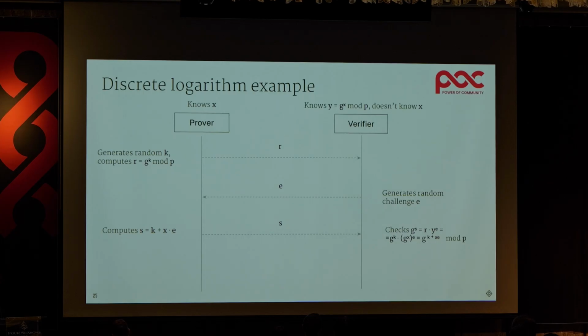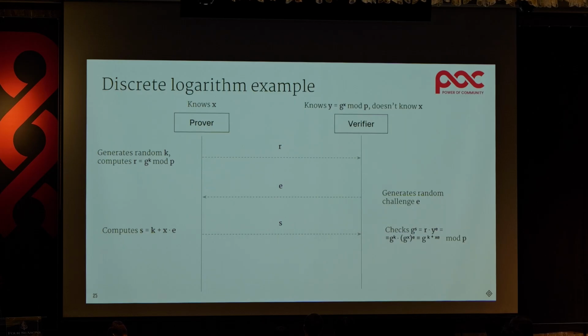The verifier can then check that the computed value that we sent, the value s, is constructed in the same way as the initial randomness that we committed to, and the element which was exponentiated to the secret exponent x, once again exponentiated to the challenge. So they can check this property independently without us actually revealing the secret.